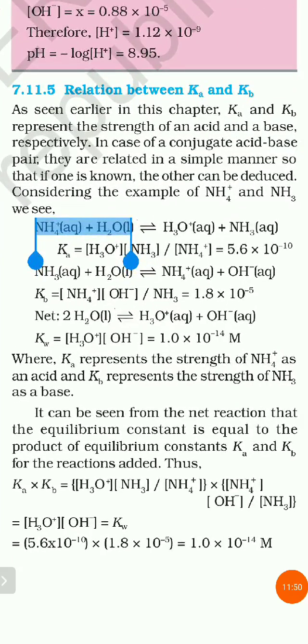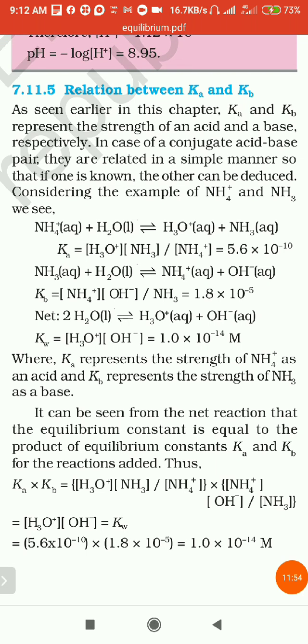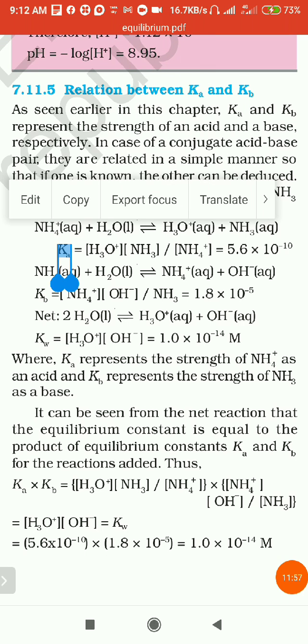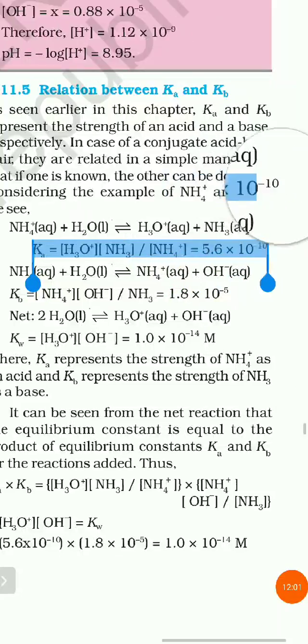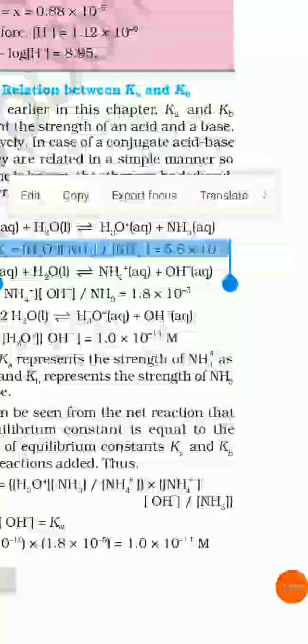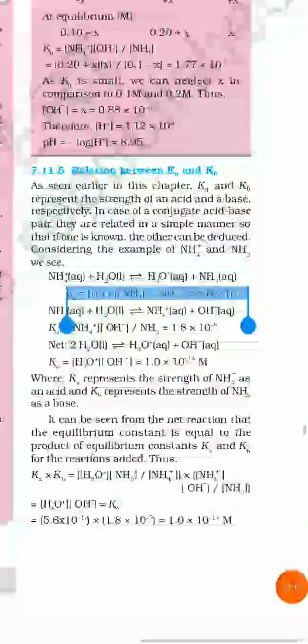So only one reactant, NH4 plus, is taken. Therefore Ka, the equilibrium dissociation constant for the acid, is 5.6 into 10 power minus 10.